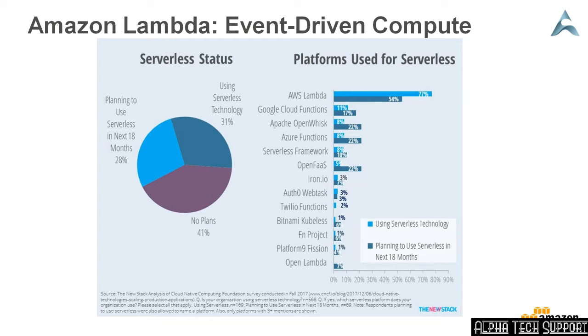Although they would like to try some new platforms like Apache OpenWhisk that runs over IBM Bluemix Cloud, Google Cloud Functions, Azure Functions, Serverless Framework, OpenFaaS, and other things, AWS Lambda is far ahead among them. So you can trust AWS. It is updated regularly.